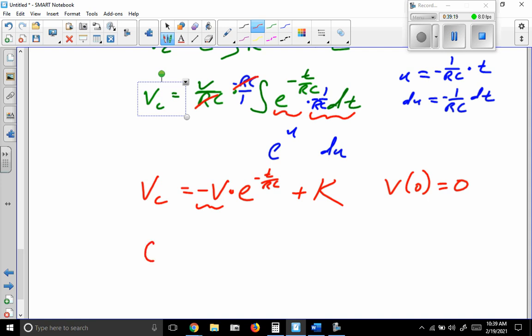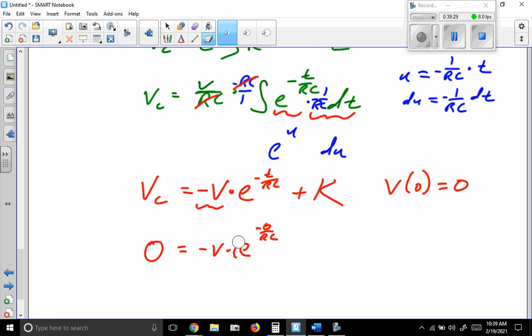So our voltage is 0 whenever we plug in a 0 for time, and we get a 0 out front.